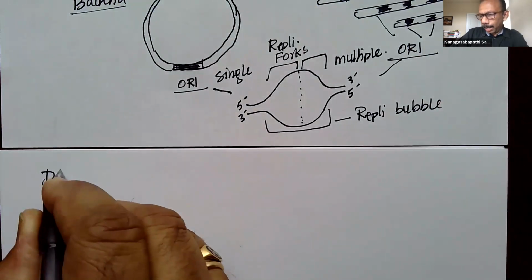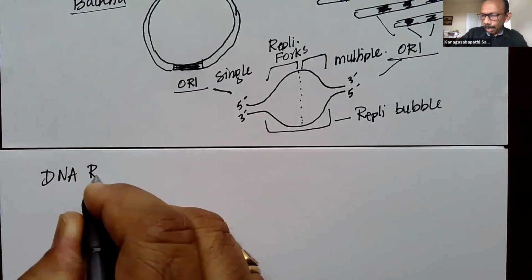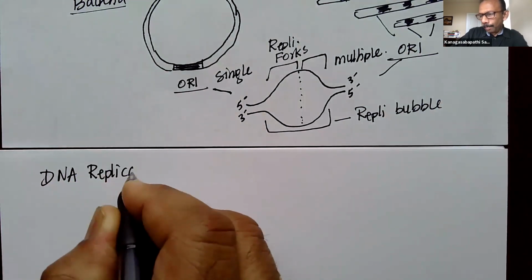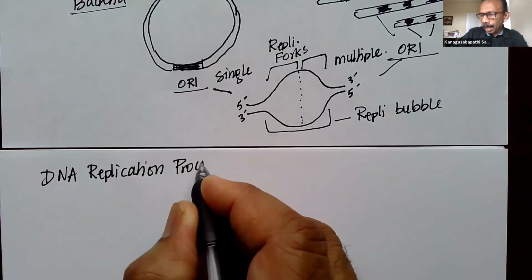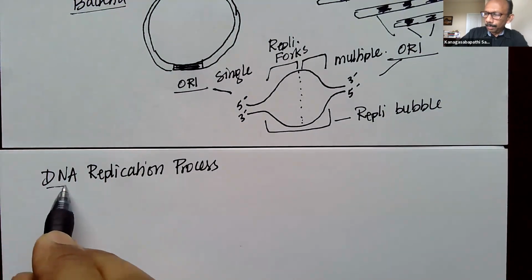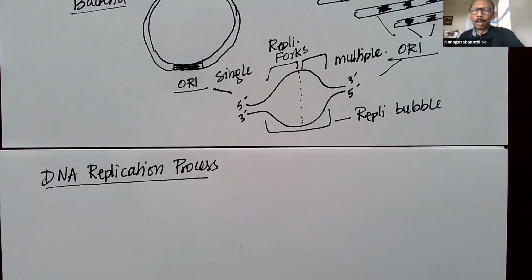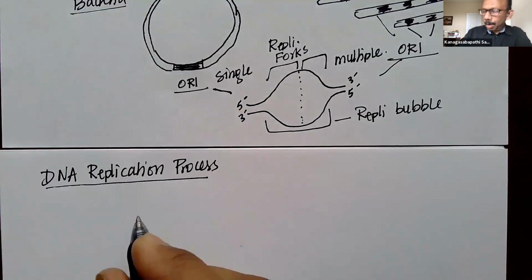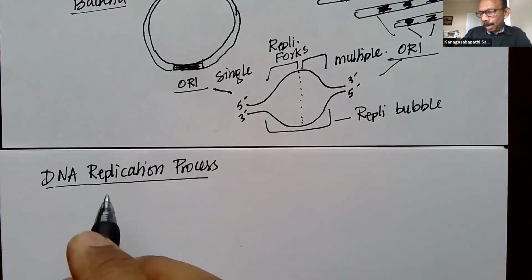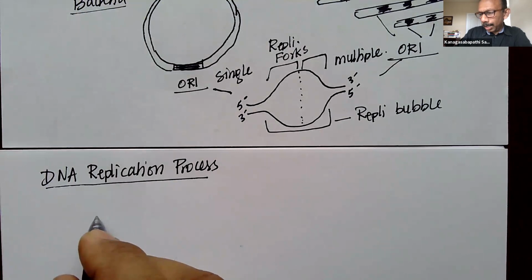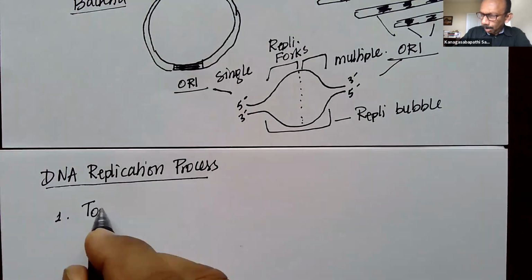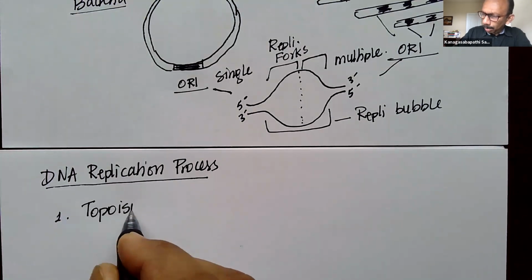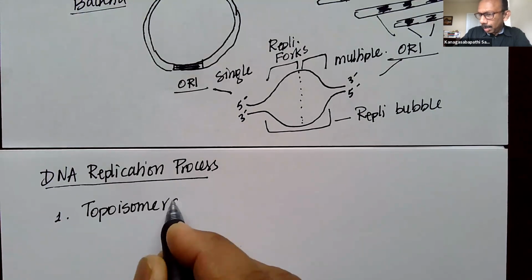So the DNA replication process, I'm going to go through the steps involved and the enzymes and what they do. Okay. So we started with the origin of replication, and the DNA is relaxed by the enzyme called topoisomerase.